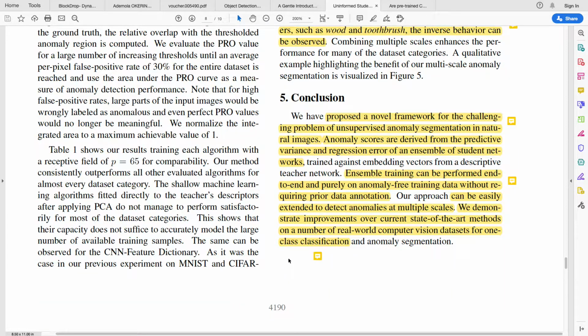All right. So essentially, in this work, what they have done is they propose a novel framework for the challenging problem of unsupervised anomaly detection. I don't know why they say it's unsupervised, because actually there's a ground truth label, but maybe when we go into some of the other details, we will know why they call it unsupervised.